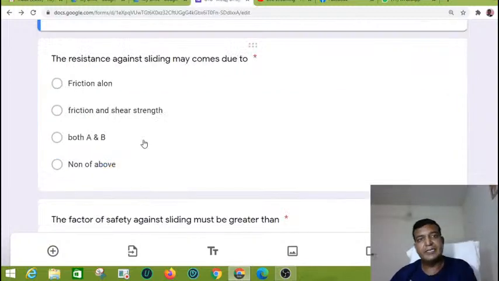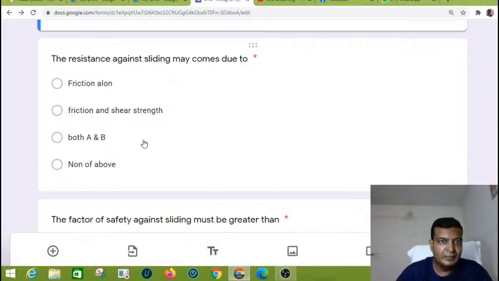The resistance against the sliding may come due to friction alone, friction and shear strength, and both A and B. Put up your values there and then I will move further.